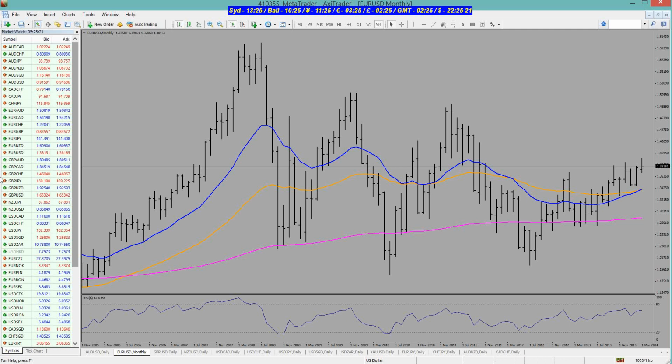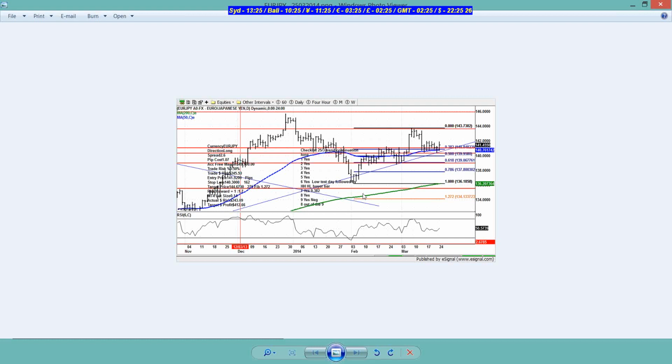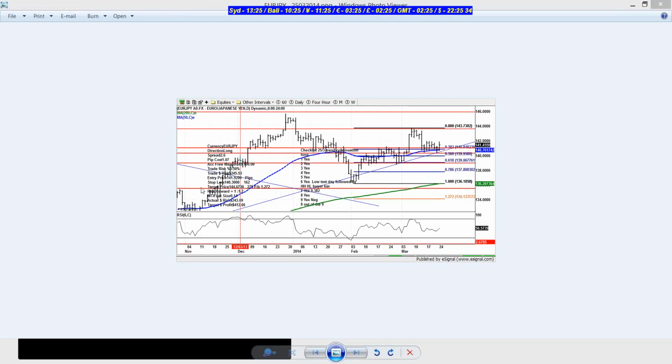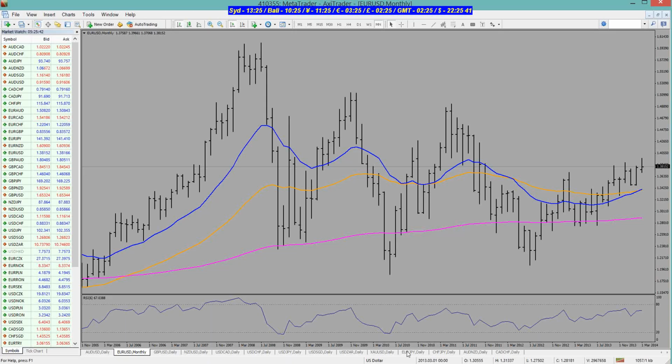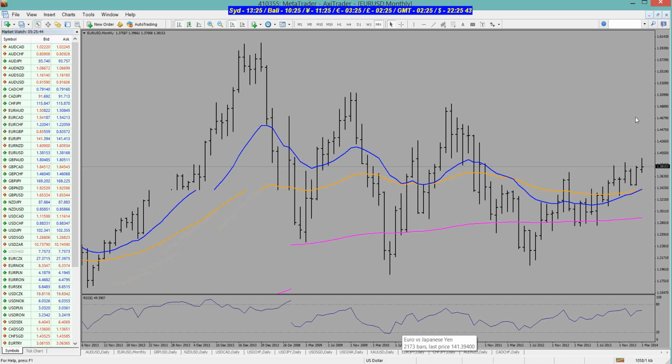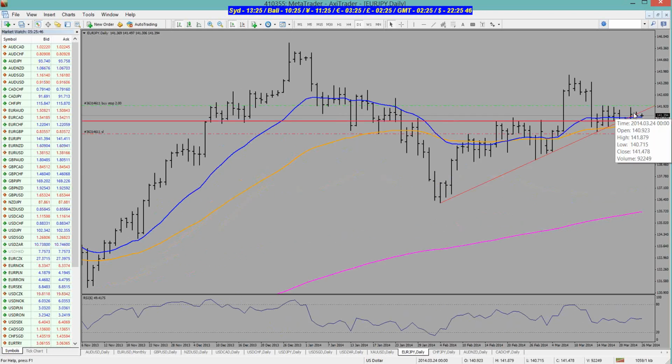Okay, Euro Yen. 141.92, just above that bar. See, I would have gone in a little higher to get above all of these. In fact, I have. If you're waiting for 141.90, 141.92. Oh shit. I prefer to get in above these here, 142 or just above 142.